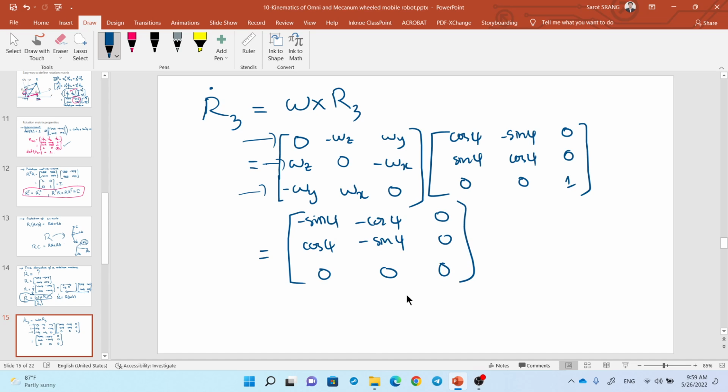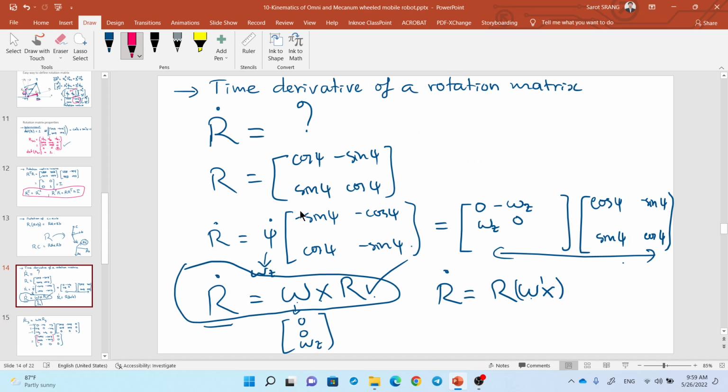Like this. And then you look at the 2 dimensions here. The 2 dimensions here must be the same as here.